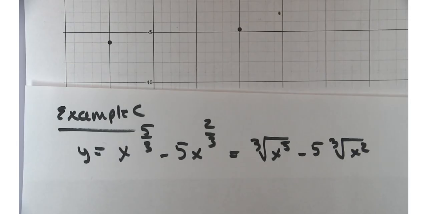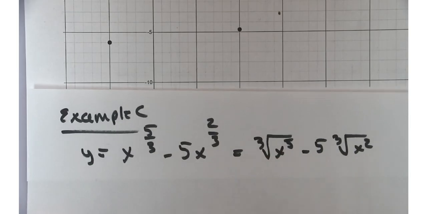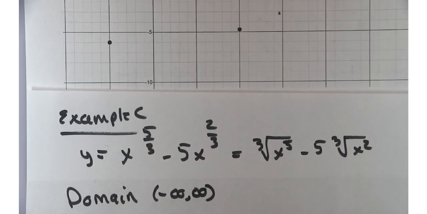What do you get? You get negative 2, right? So you can take an odd root of a negative number. And the reason I want to point that out is because these are defined for all values of x. The place to start with your work here is the domain. The domain is just going to be negative infinity to infinity. There's no restrictions on this function like there was in the last one.